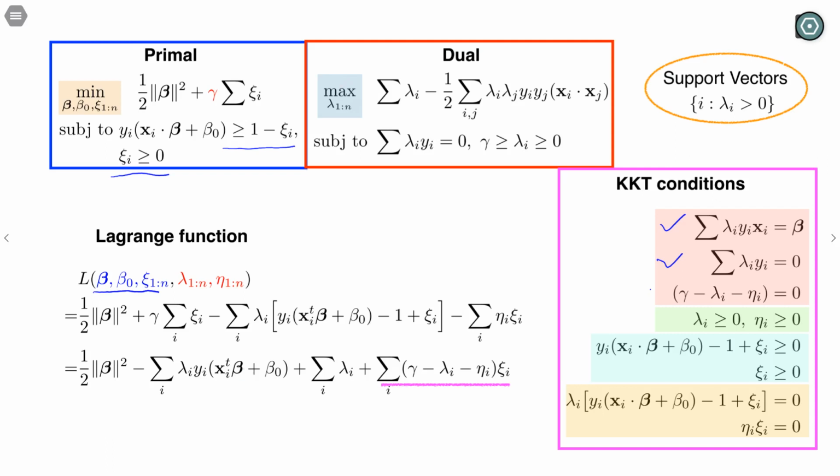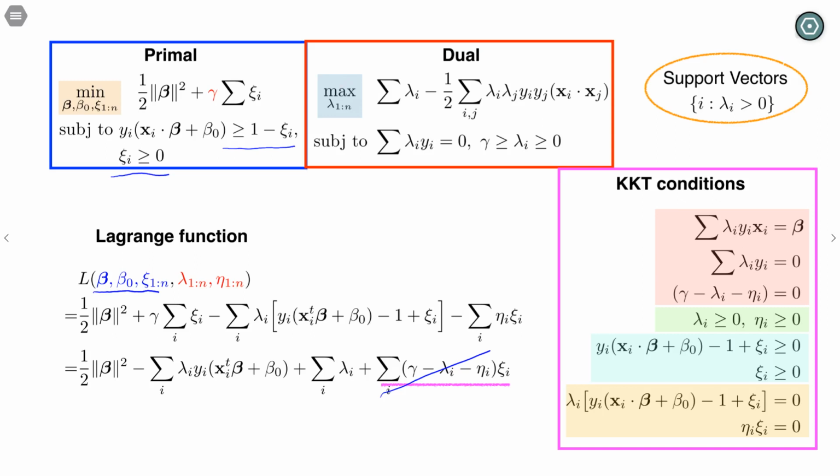And the last equality is the derivative of the Lagrangian with respect to psi i. So you can find that this term is going to be 0. So the first group of KKT conditions is the derivative of the Lagrangian with respect to the parameters from the primal, and we set them to be 0.